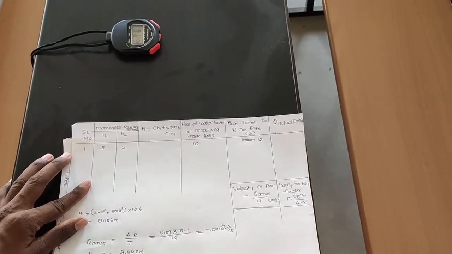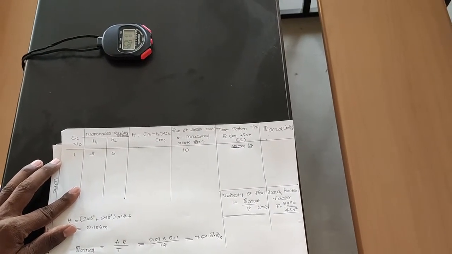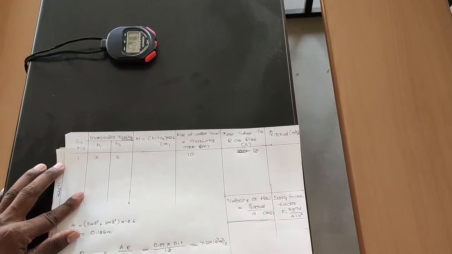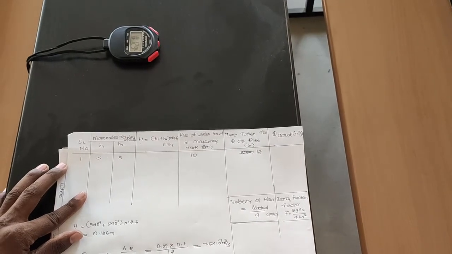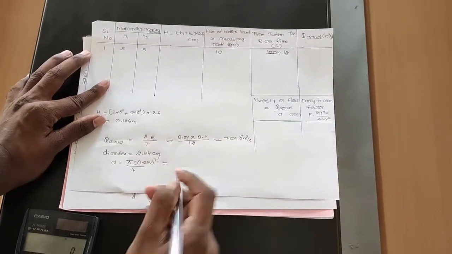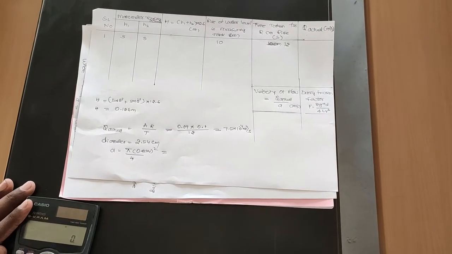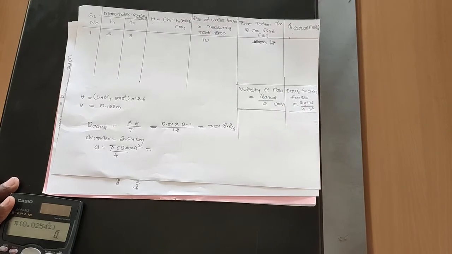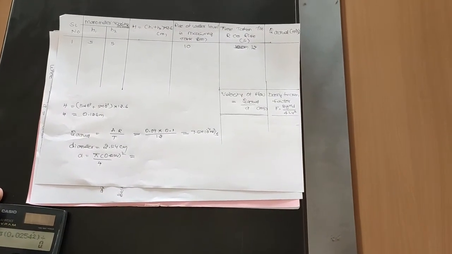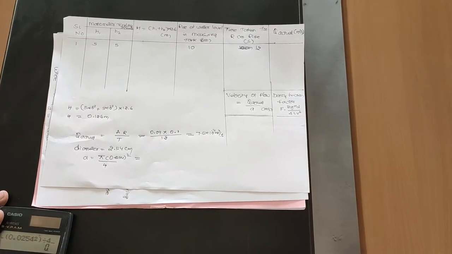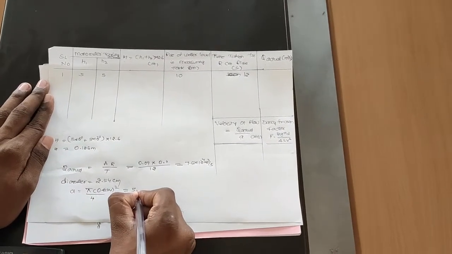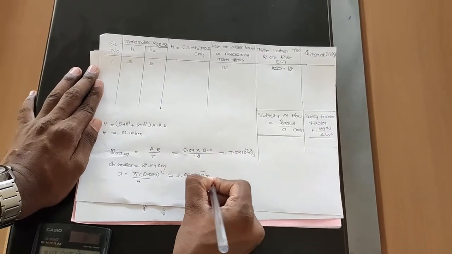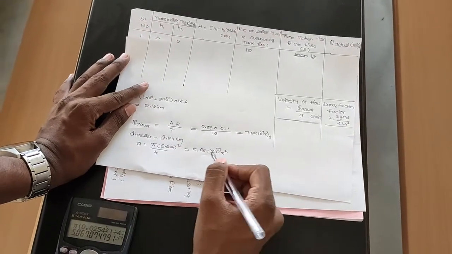Area will be equal to pi into 0.0254 square divided by 4. That will be 5.067 into 10 power minus 4 square meters, that is the area of the pipe.